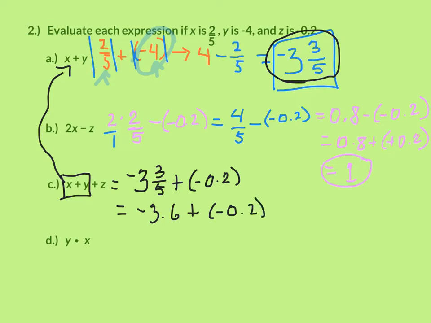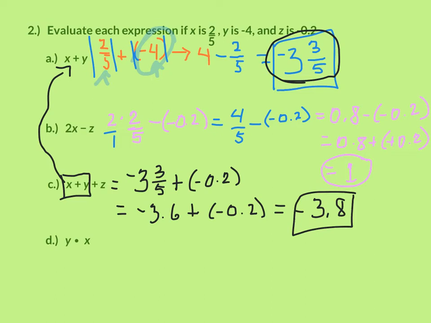And then, of course, I know if the signs are the same, find the sum. And they, of course, are the same. So I've got 3.6, or 3 6/10, plus 0.2, which is 2/10. So 6/10 plus 2/10, of course, is 8/10. So that's 3 8/10, or 3.8. And both of them are negative. So it's negative 3.8.